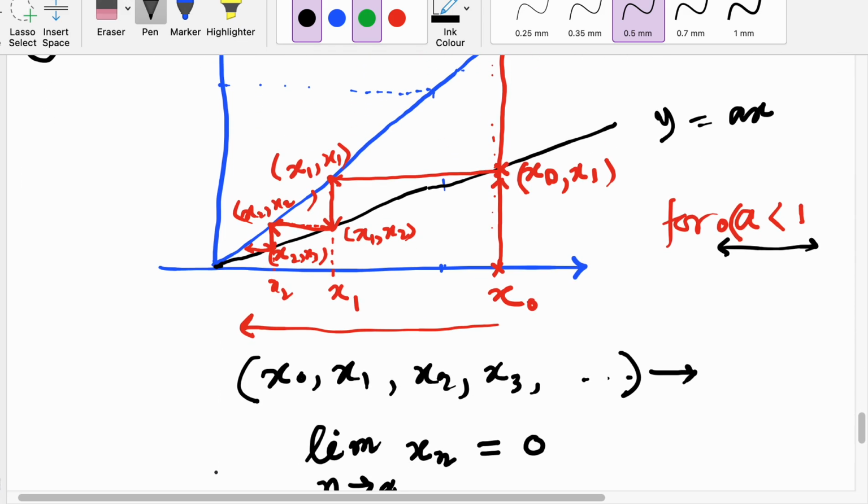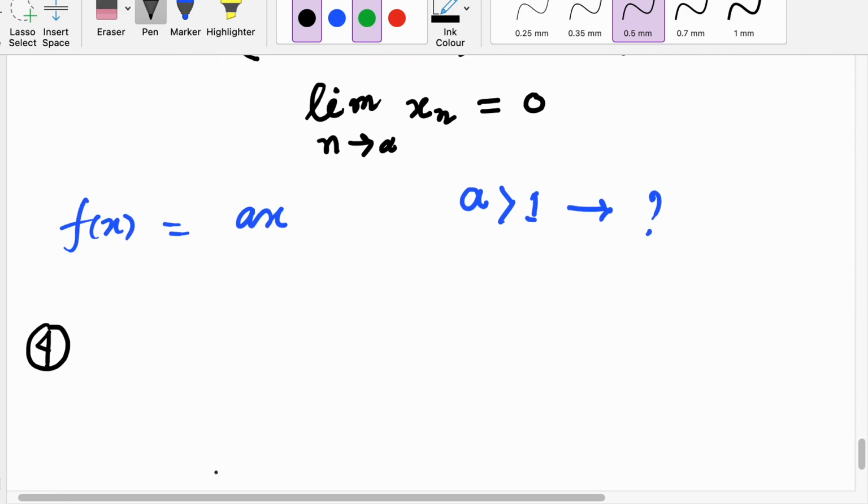That's a very important thing. It is always true, and this is the main thing of linear stability analysis. If I have a non-linear system, I have to linearize it and check the value of a: whether a remains between 0 and 1 or is greater than 1. That is the main thing.